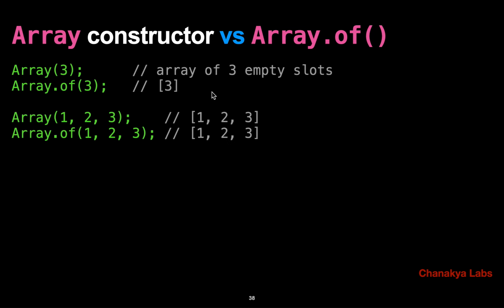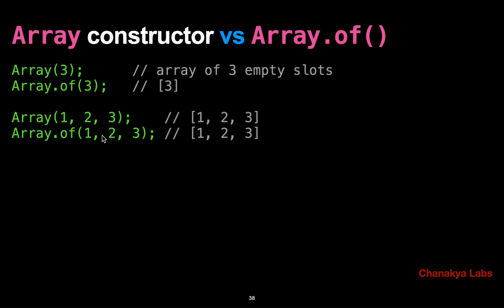The main thing you have to remember is that if you use the array constructor syntax, an array of that length with empty slots will be created when you pass a single value, and if you provide multiple values, then an array of those values will be created. And if you provide a particular value or multiple values in Array.of, the behavior is the same.